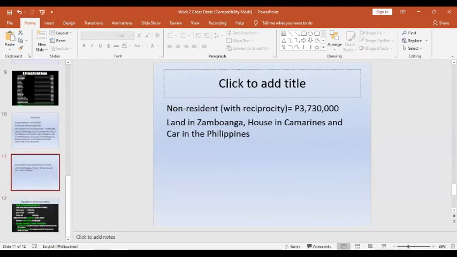And for the non-resident citizen with reciprocity, the amount of the gross estate is 3,730,000. And what is the composition of 3,730,000? Land in Zamboanga, house in Camarines, and car in the Philippines. Because if the decedent is a non-resident citizen with reciprocity, only the tangible personal property in the Philippines and real property in the Philippines are inclusions to the gross estate.